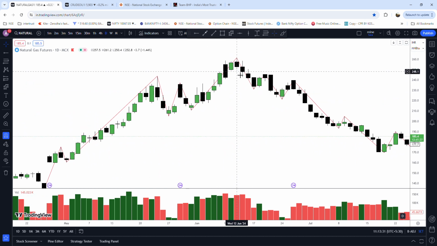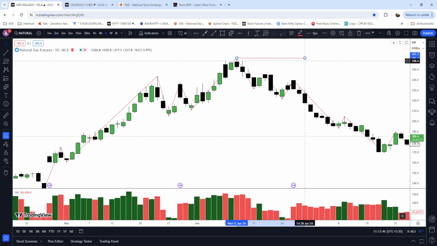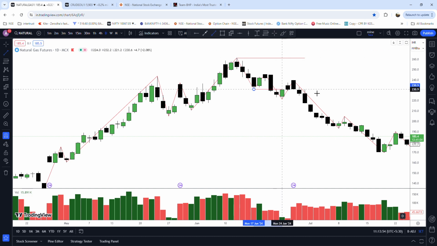Now see, the market made a high on 12th of June. Okay, and then the market started coming down, made a lower low, tried to make a higher high, but you can see market never reached and touched the last high. In fact, the market broke the last low.